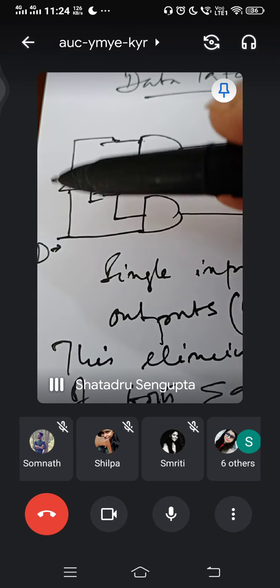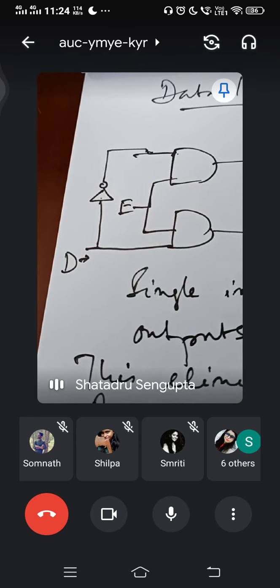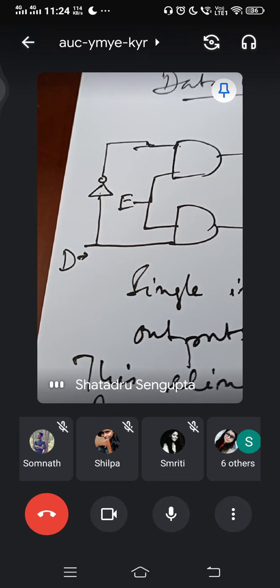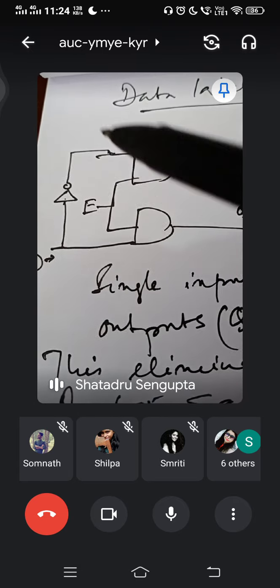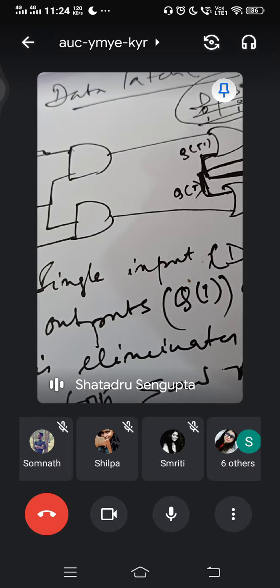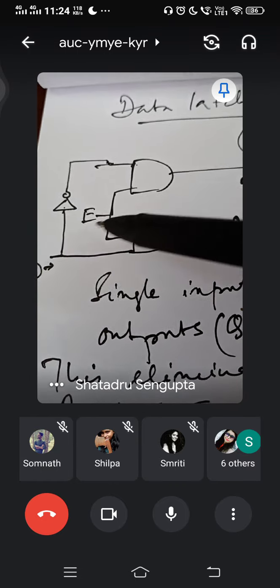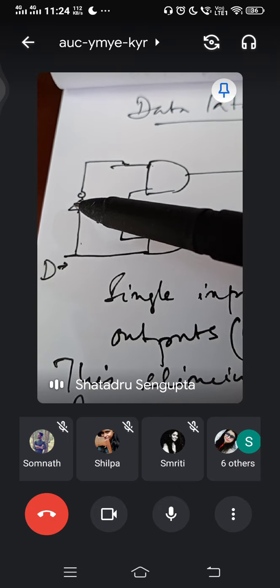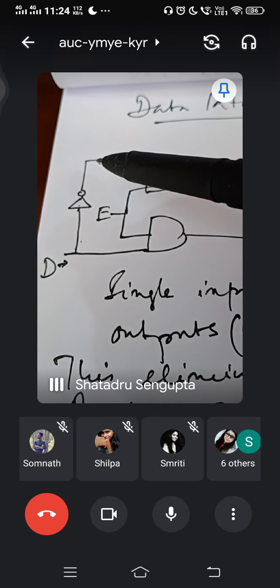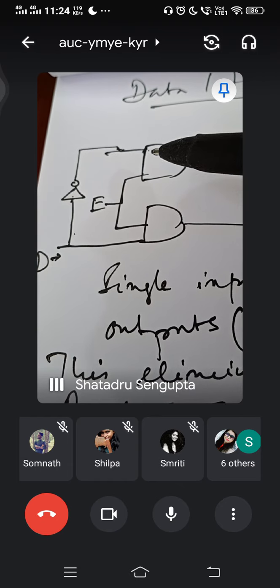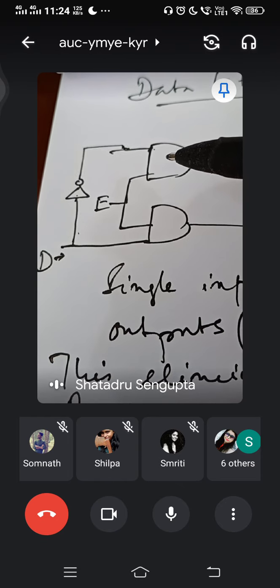So instead of 2 inputs, we have 1 input, which is the data input, and this together is one data element, just a bit, a 0 or a 1.